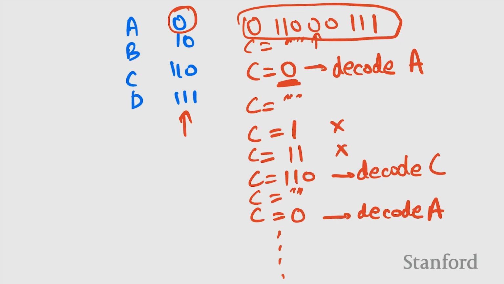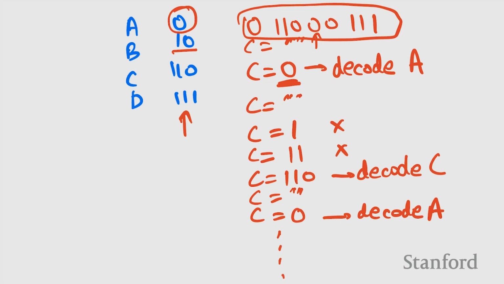So 0 is not a prefix of any of these. As soon as you see a 0, you immediately know that it has to be A, because no other code word starts with a 0. B is 1, 0, and 1, 0 is not a prefix of any of the other code words. So as soon as you see a 1, 0, you know it has to be a B. It can't be C, D, or A. And so on for the other ones.